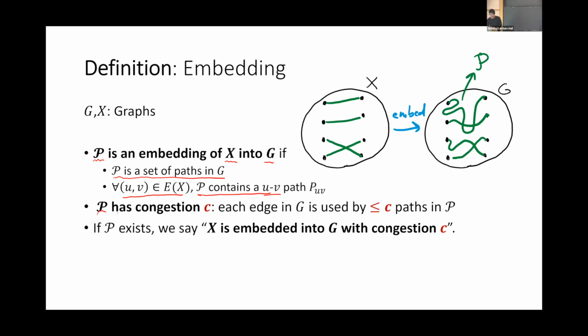And we say that this embedding has congestion C if each edge is used by at most C paths. And if P exists, then we say that X can be embedded into G with congestion C.